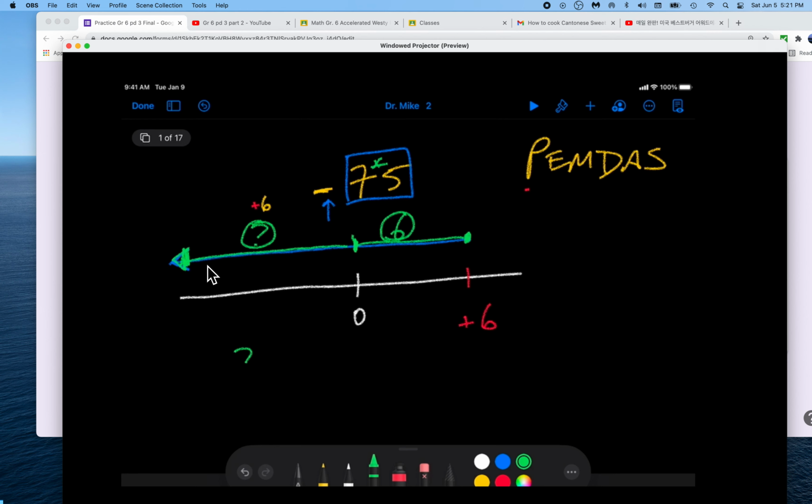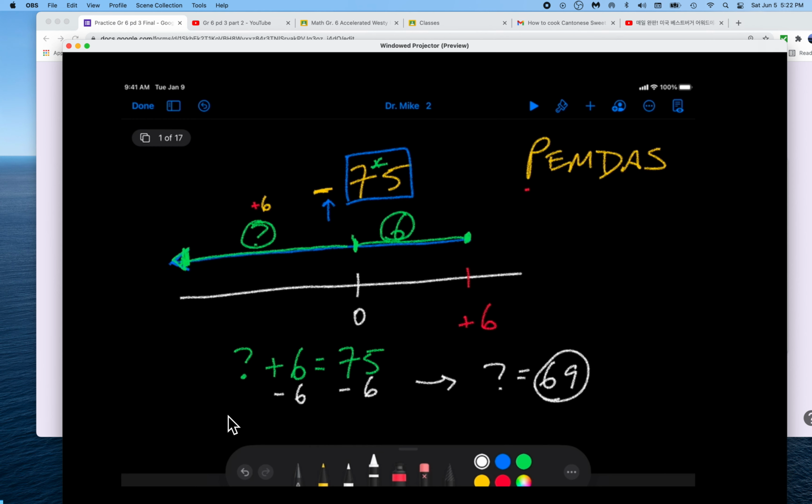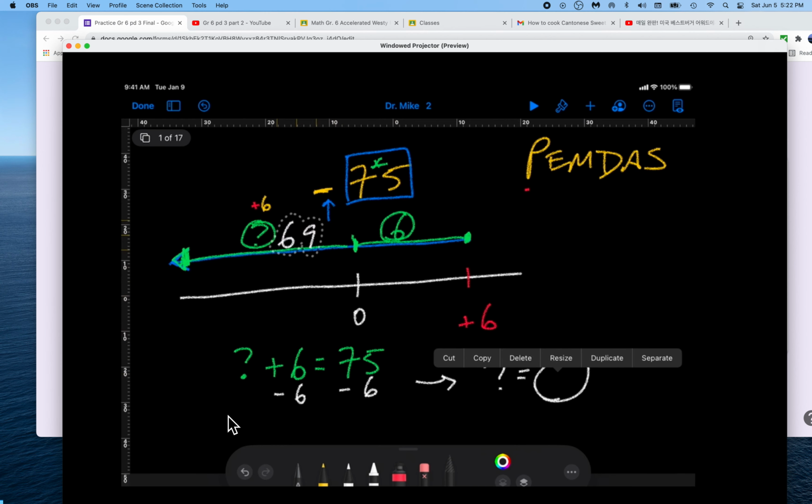So if you want, you can make yourself another little equation here. How would you solve for this question mark here? You'd subtract 6 on both sides. And you would get that this question mark distance equals 69. Right there.